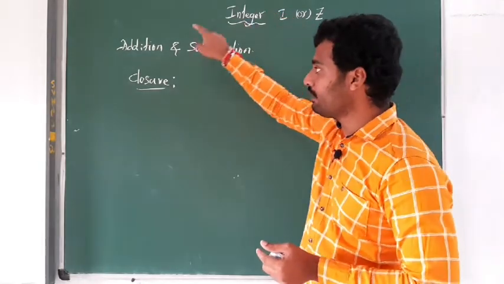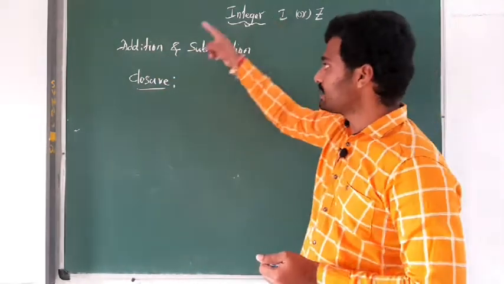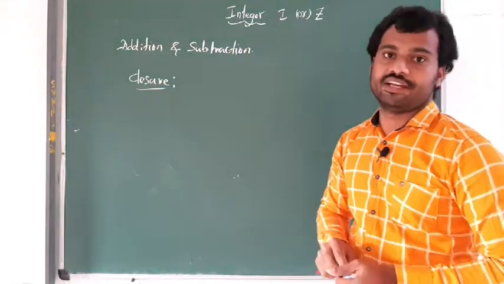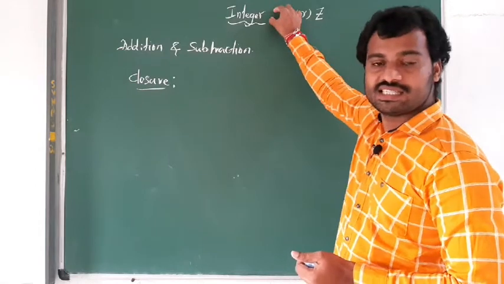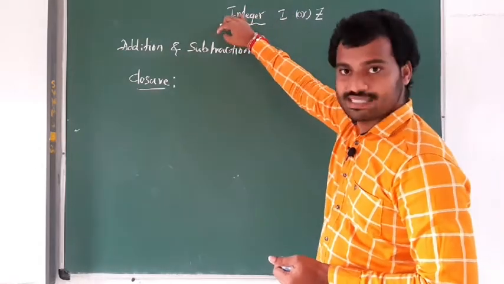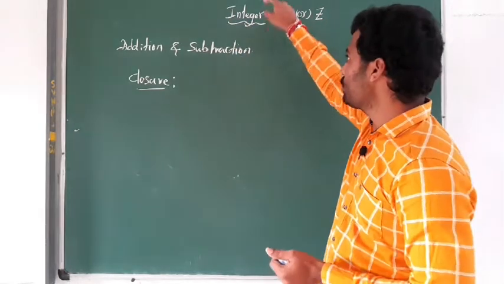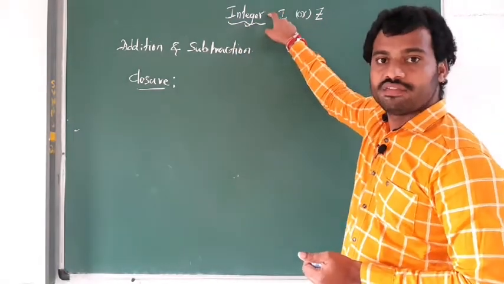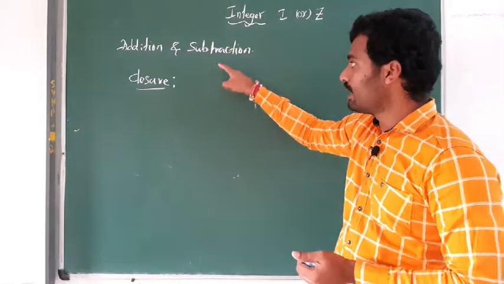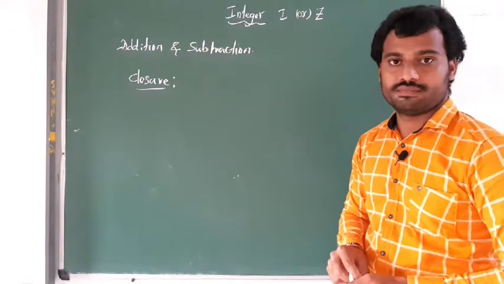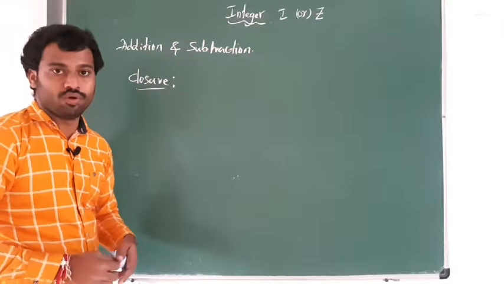Then it is satisfying the closure property under addition. In the same manner, you take two numbers from the integer set and do the subtraction. If the resultant number belongs to the integer set, then the integer set is satisfying the closure property under subtraction. Clear or not? I will take an example, then you will come to know.